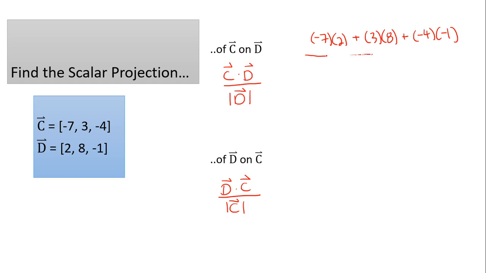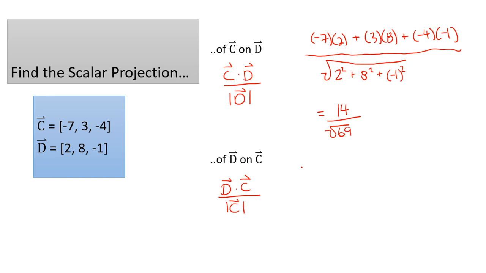Okay, magnitude of vector D. So we look at D, and it's the root of all the values added, 2 squared plus 8 squared plus negative 1 squared. So when we do all that math, you should end up with 14, hopefully, over root 69. And that is the scalar projection of C onto D.